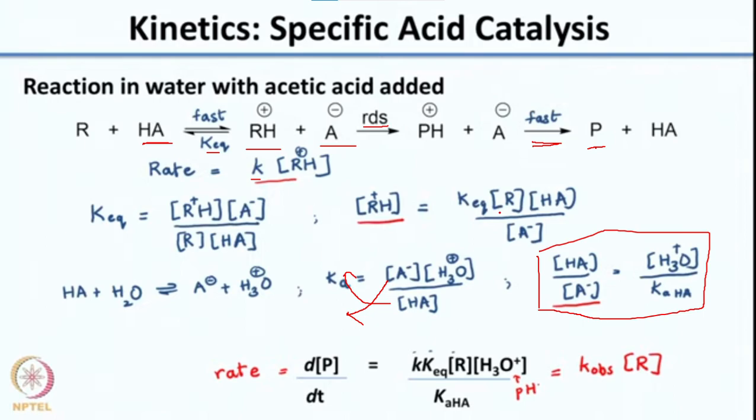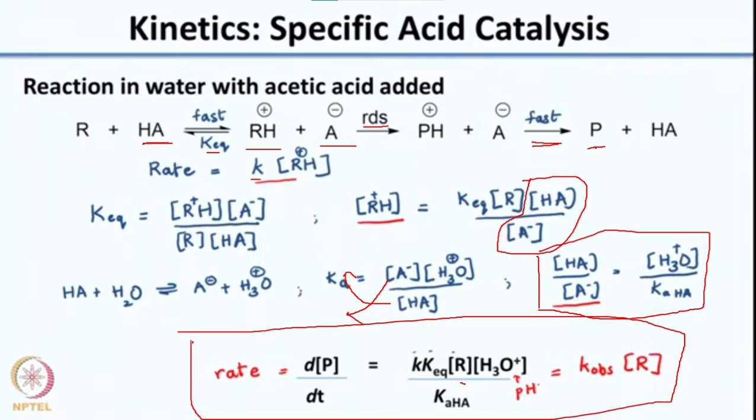So the RH value is K equivalent RHA divided by A minus, right? Then we know that we substitute this HA value here instead of this one, right? So H3O plus and Ka HA, we are substituting this value instead of HA by A minus. So we are getting this as the rate equation.